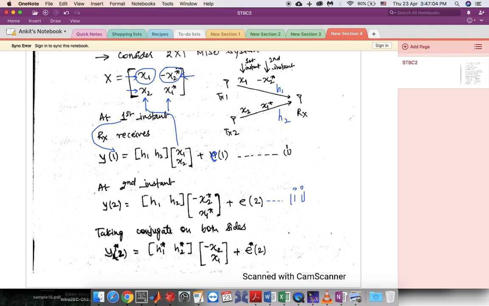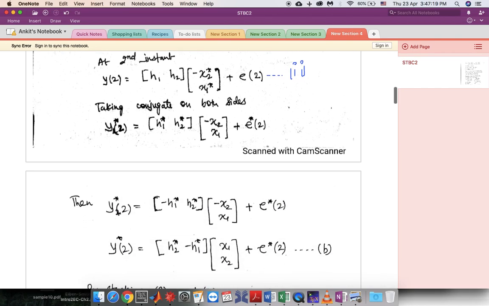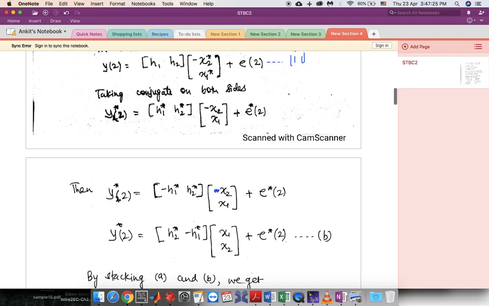Now we need to shuffle this x1 upward and x2 downward. Similarly, this h1 and h2 are going to be shuffled. The overall equation needs to be the same, right? So in a similar way, this minus should not be there. This is again one more typing error. Please correct it in the notes.